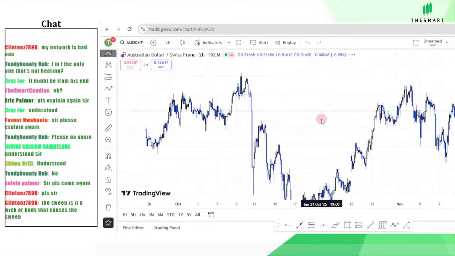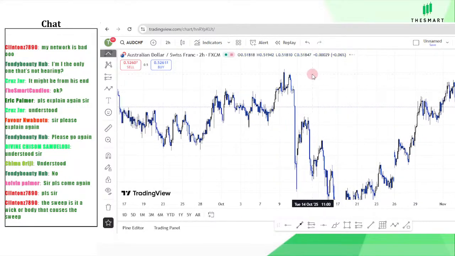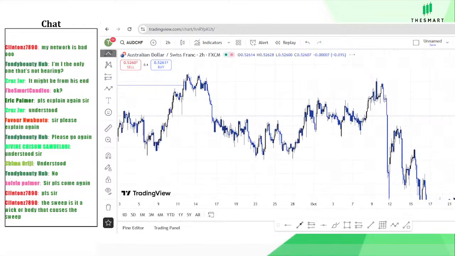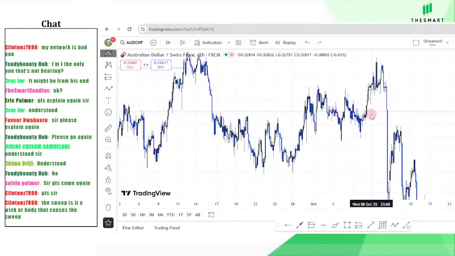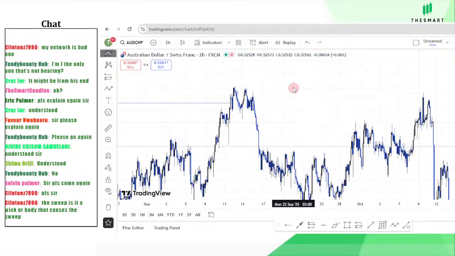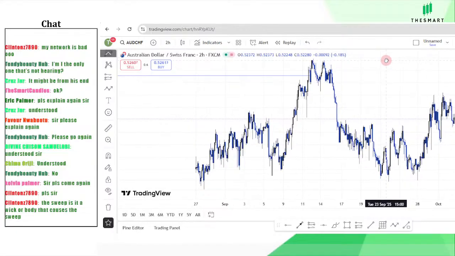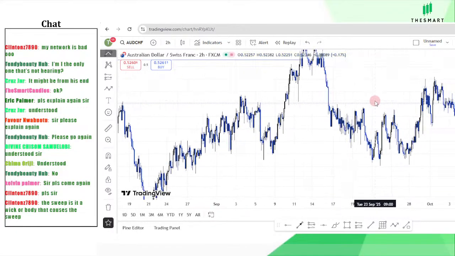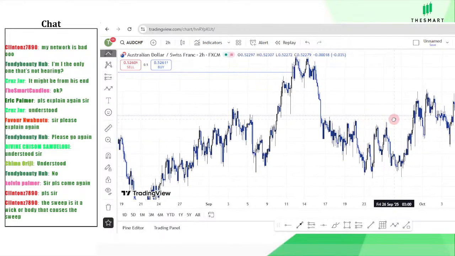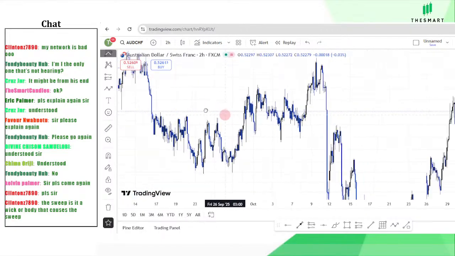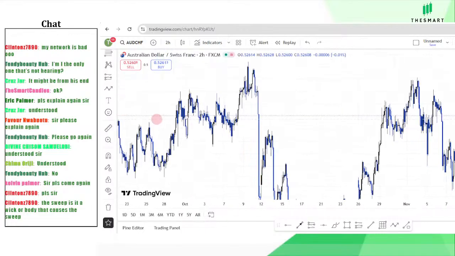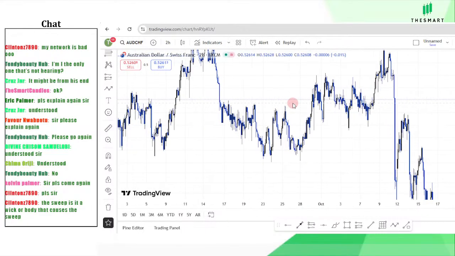So for this, I want to see if I have any sweep at this level. None at this one. All right. I think on this chart I can see something here, but let me see if I can have something on 15 minutes.